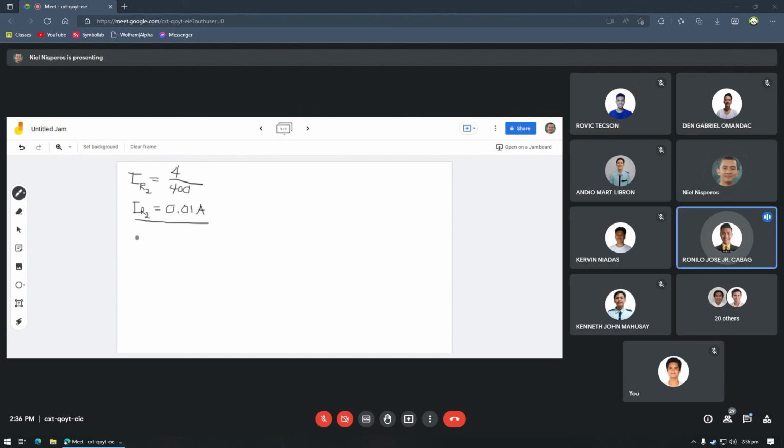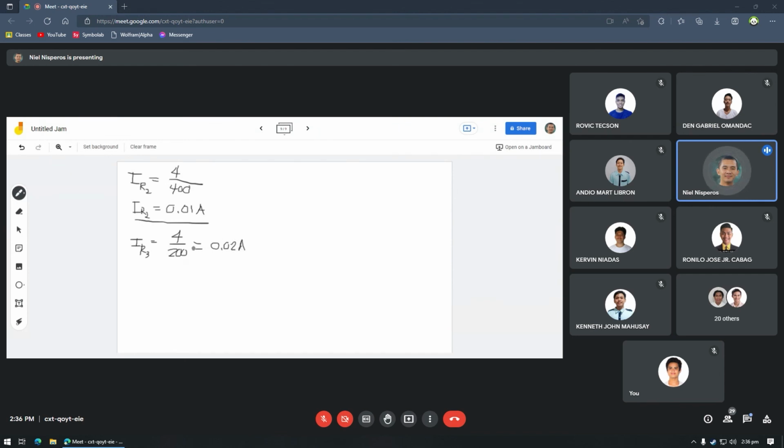IR3 is equal to 4 again divided by 200, which is 0.02 amperes.